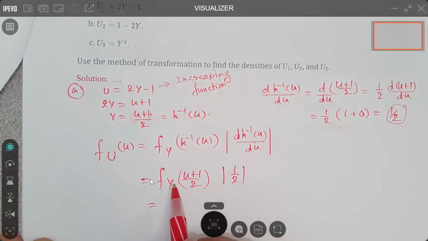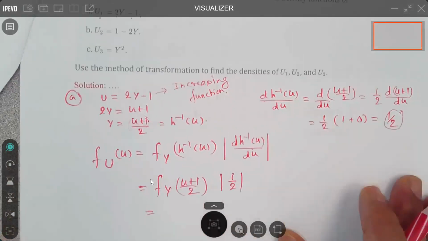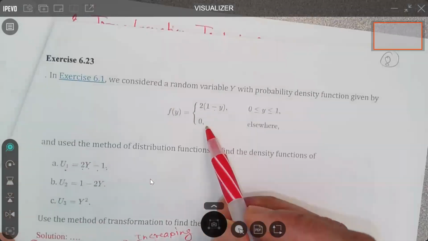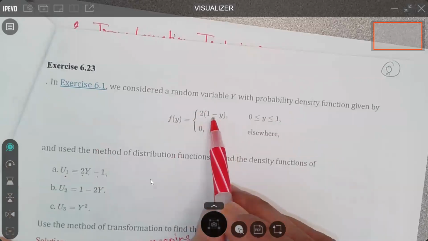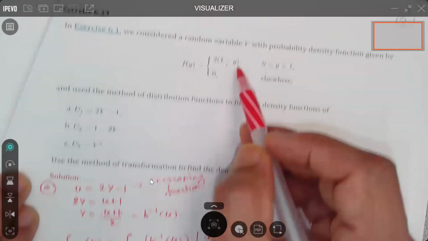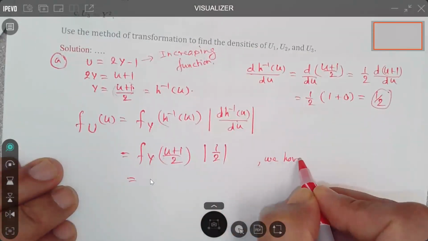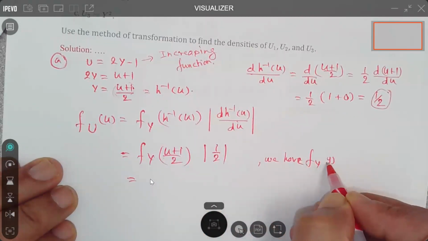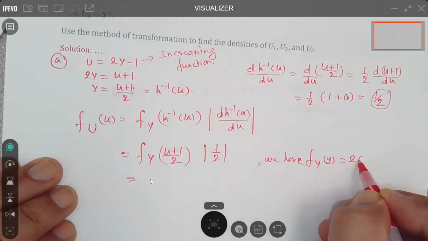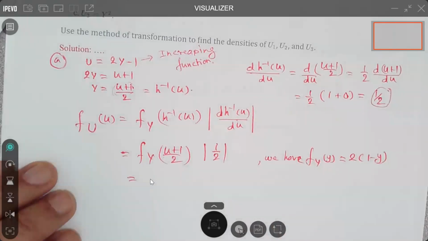Now the density function is given by this one here, right? Fy is this one here, 2 times (1 minus y), right? So we have Fy equals 2 times (1 minus y).